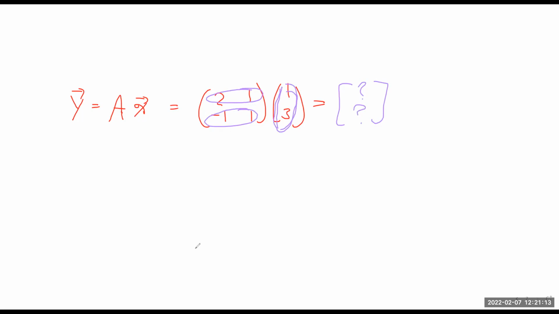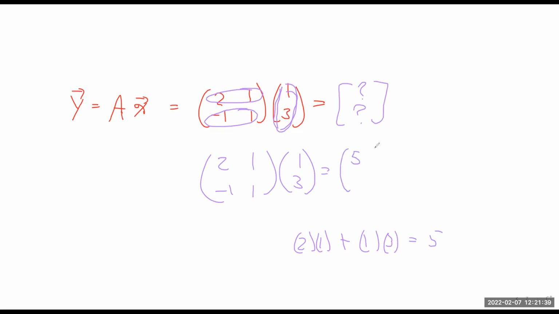So if we do this, we're going to see the result. If I do the operation here, 2 times 1 plus 1 times 3, that's 2 plus 3, which is 5.